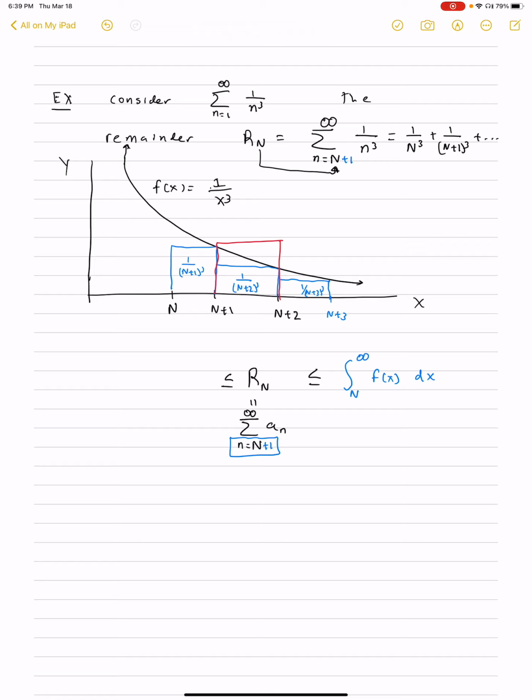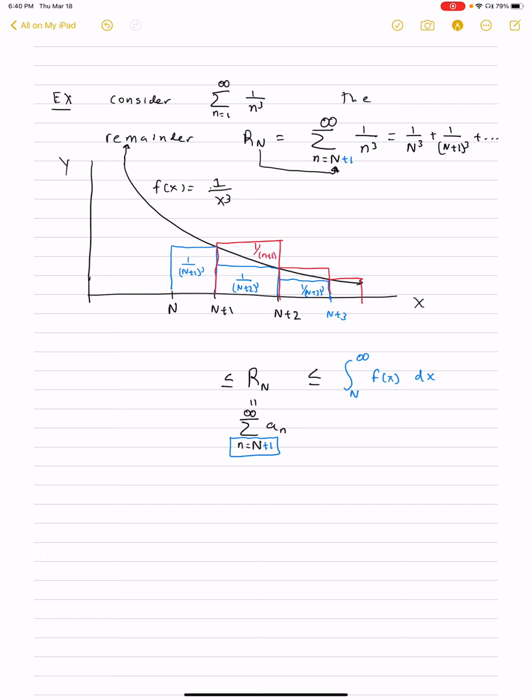Now what we can see is that this sequence of r sub n has area of the red rectangles.